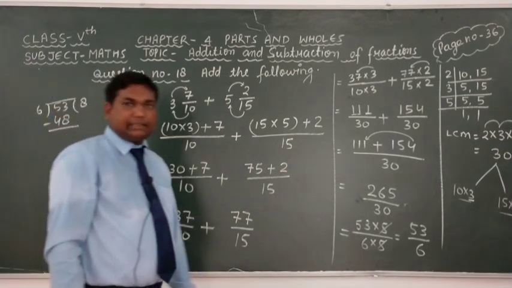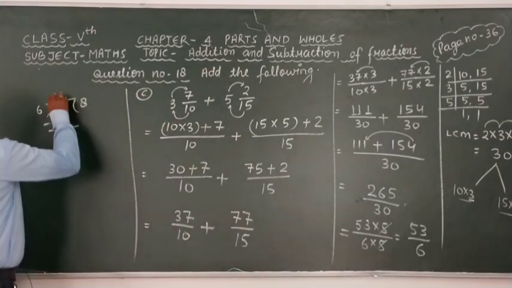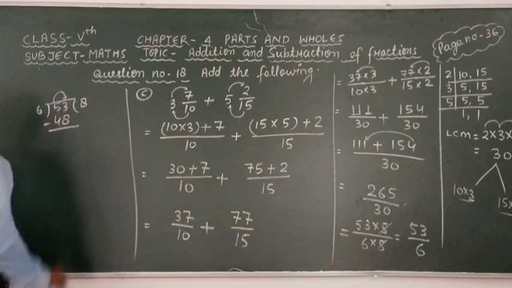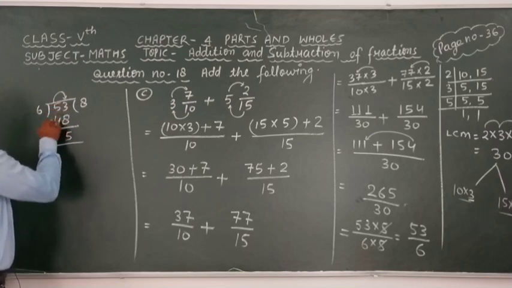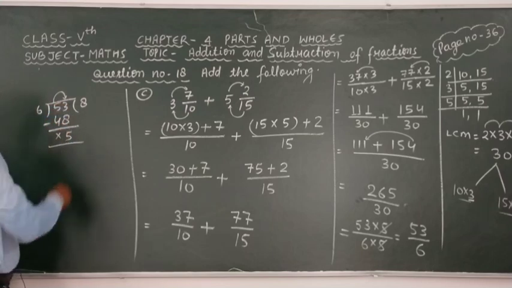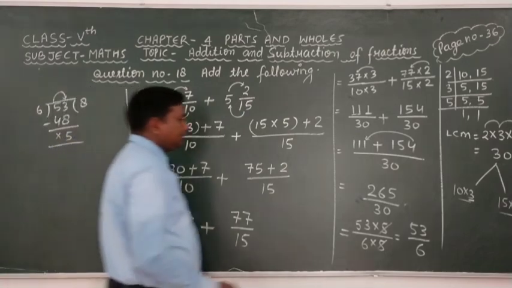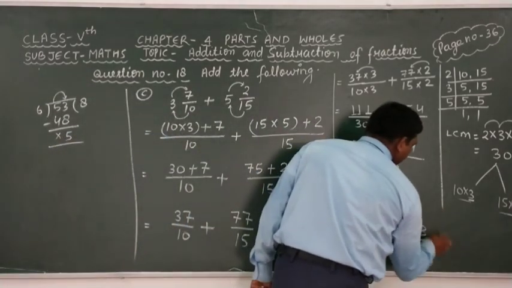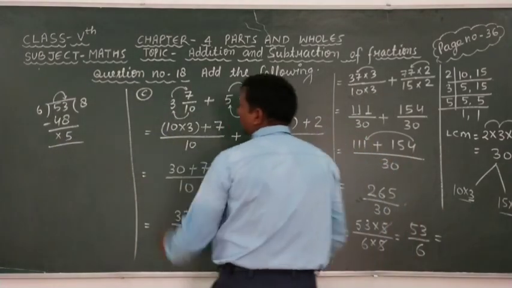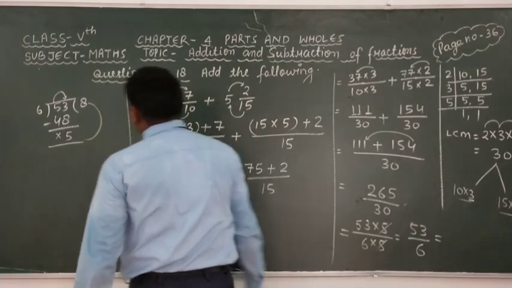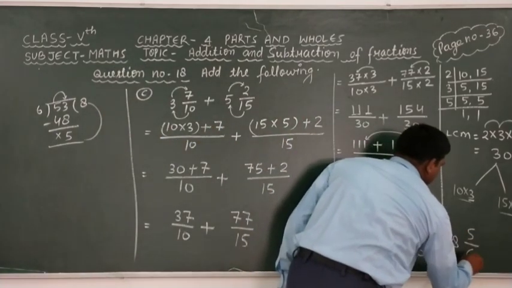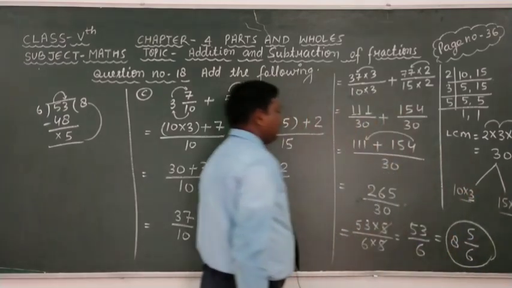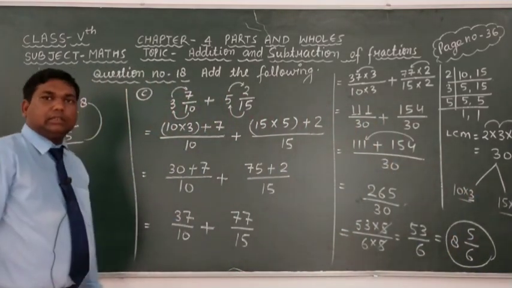We know that 3 is less than 8, therefore we can take one borrow from this 5 and this 3 makes 13. 13 minus 8 is 5. Okay, dear sons. And 4 minus 4 is 0. It means that cancel out. Then we get 8 whole 5 over 6. 8 whole 5 over 6. This is the answer of this question.